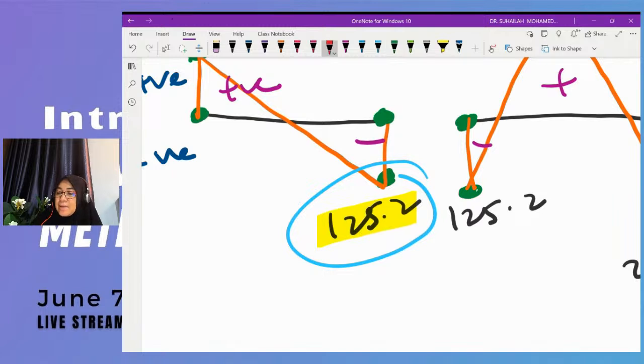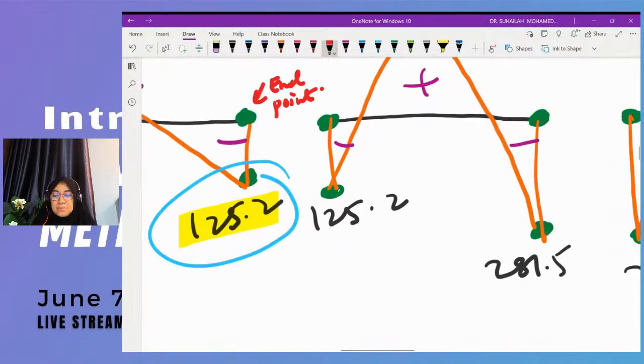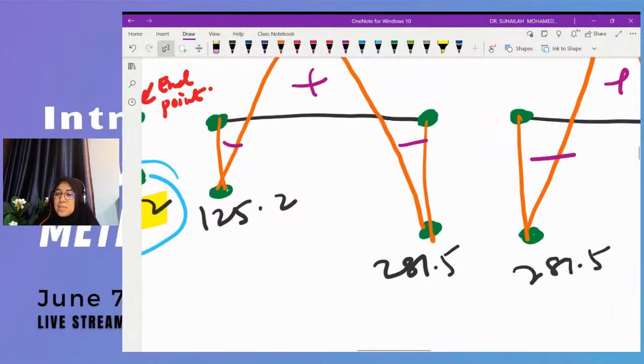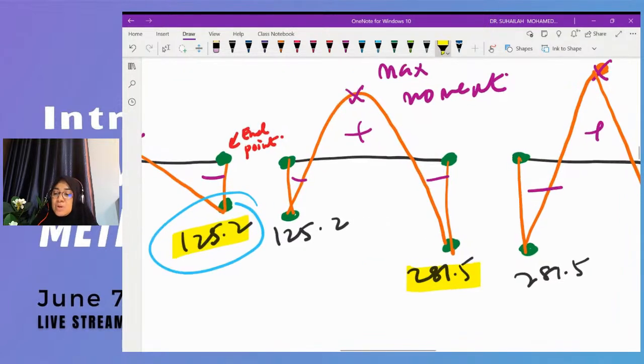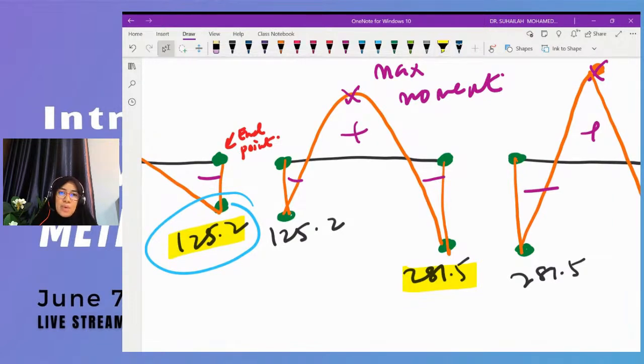This is the end point. So all end points, when we draw, are in opposite. Okay, same goes to this. This is negative 281.5, but in the diagram, it is positive, because this negative 281 is not the end point.